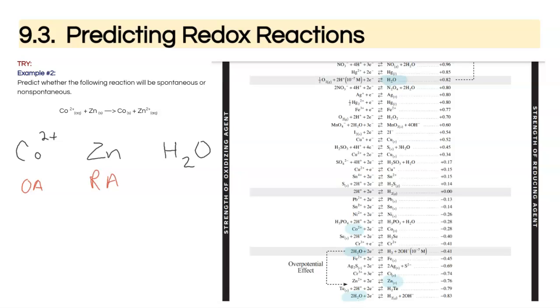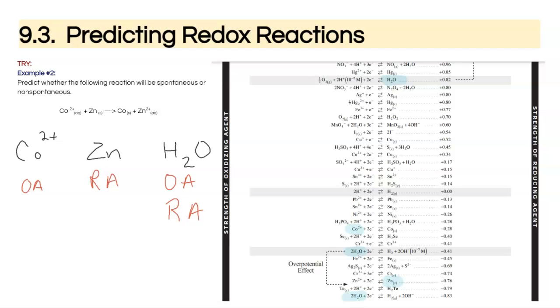Those are the only occasions where I have water involved in the reaction on its own, and I don't see water in conjunction with cobalt ions or zinc in any of these half-cell reactions. So I think that I found everything that I need. Okay, so now I'm going to go ahead and label my water as being both an oxidizing agent and a reducing agent. So now, hopefully you did okay with this.